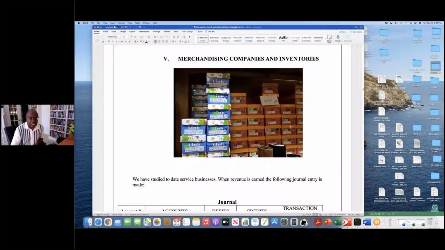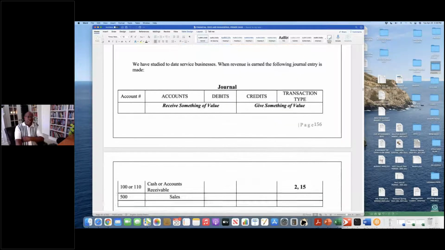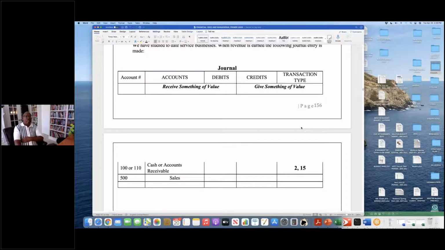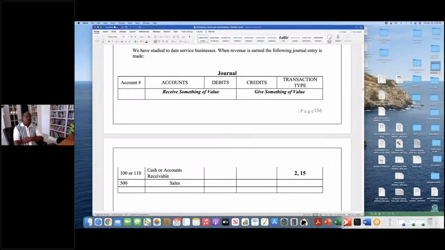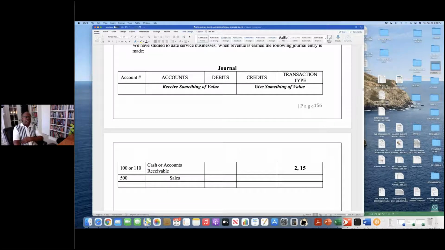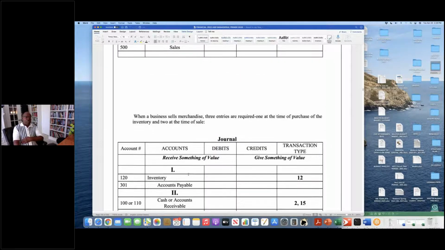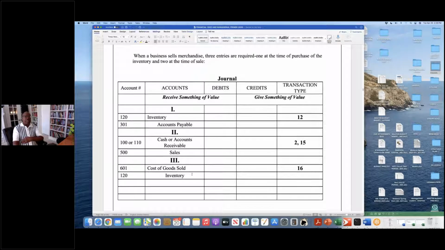Okay, we're on our second day of inventories, and we're reviewing from last week. We said that with service, when revenue is earned, we simply debited cash or accounts receivable and credited sales. But when we have a merchandising company which sells inventories, there are three sets of journal entries involved.